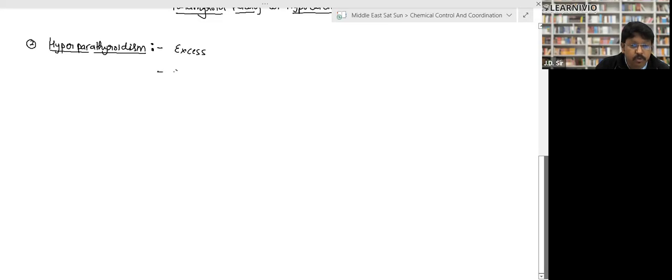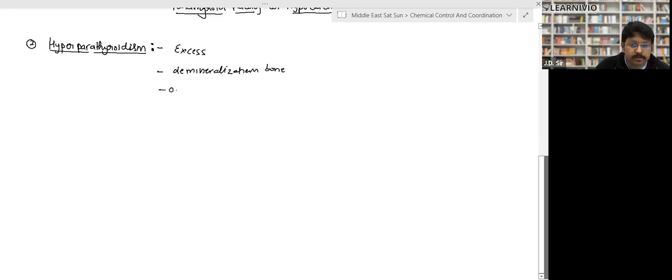It causes demineralization of bone, resulting in softening of bones. Full stop.